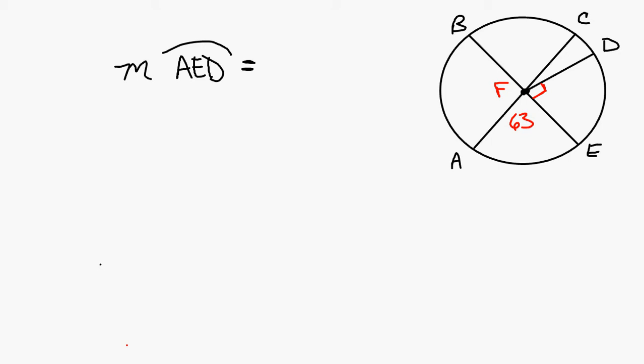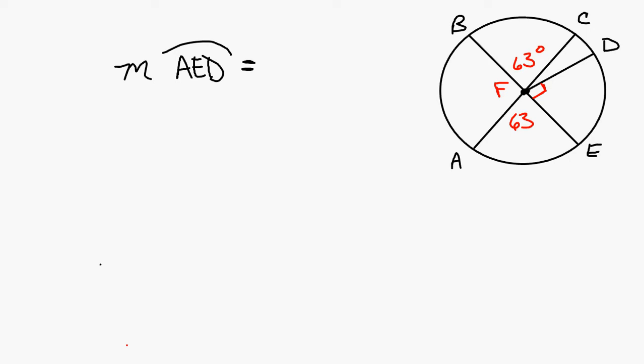Okay, first of all, you guys remember vertical angles? Angles formed by two intersecting lines. If this angle right here is 63 degrees, then what's the angle opposite of it? That's 63 as well. Now look at this. Do you see the 63 and the one next to it?